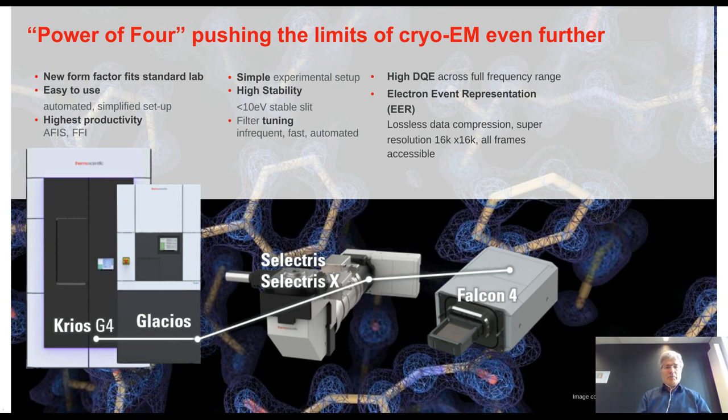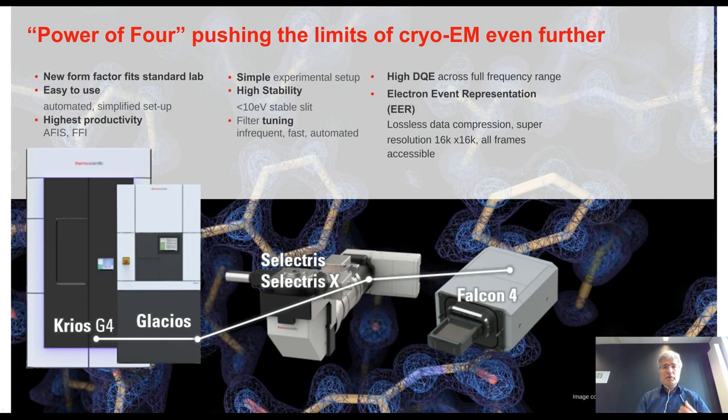The second branch to the tree, if you like, was introduced last year: the Selectris, which is our newly designed and developed energy filter. It's very famous for its stability. I will spend a little bit more time on this on the next slide. It's also very easy to use in terms of setting up the experiments.